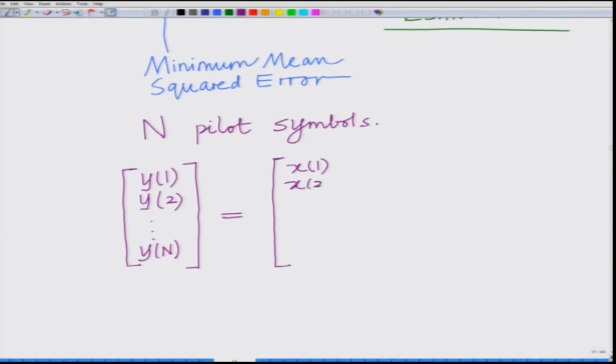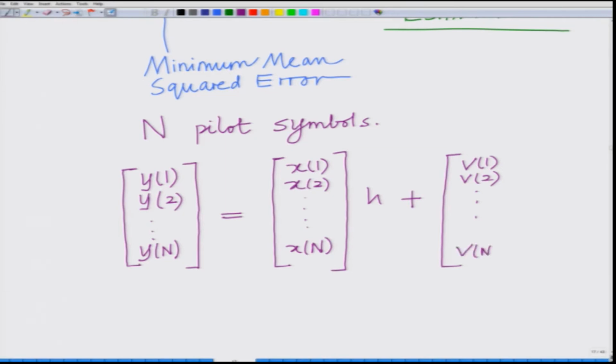This is the received or observed vector, which is equal to your pilot vector comprising the pilot symbols x1, x2, so on up to xn, times h, which is the channel coefficient, plus the noise samples v1, v2 and vn.